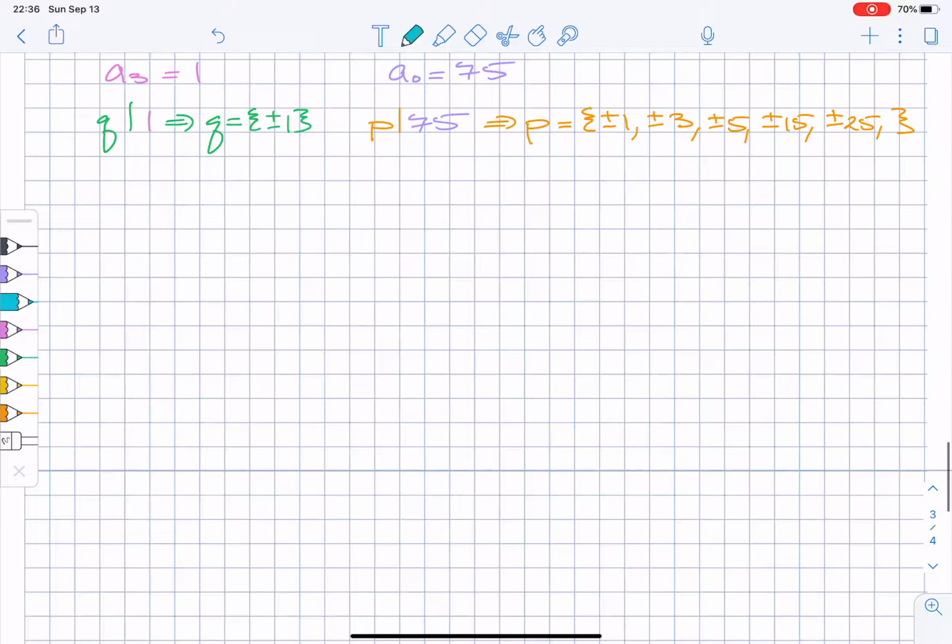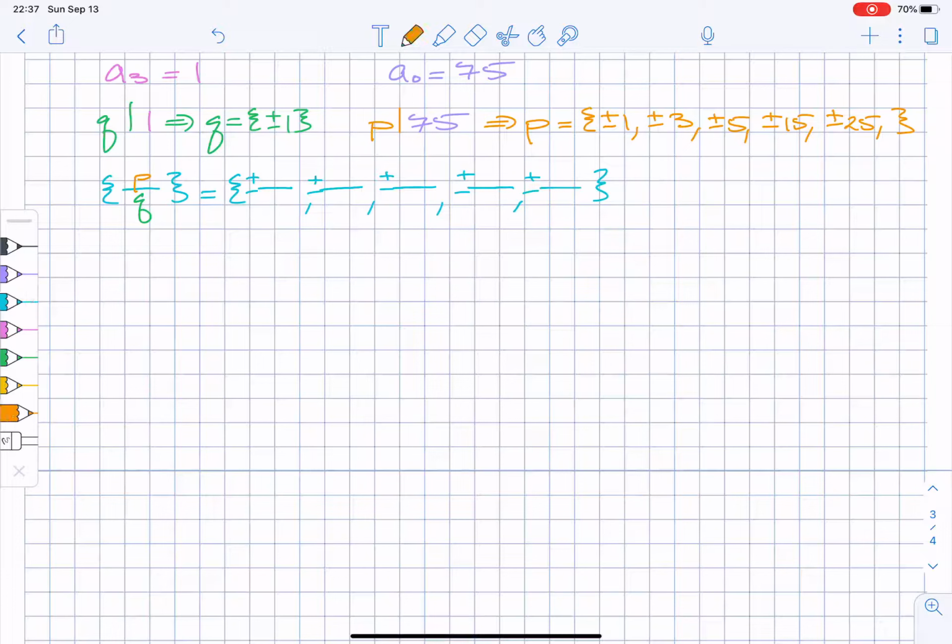Okay, so the set of all p divided by q's, possible rational roots, is just going to be the same as p. The reason is because plus or minus 1 divided by plus or minus 1 will just change the negative to plus and the plus to minus, but it's still the same thing.